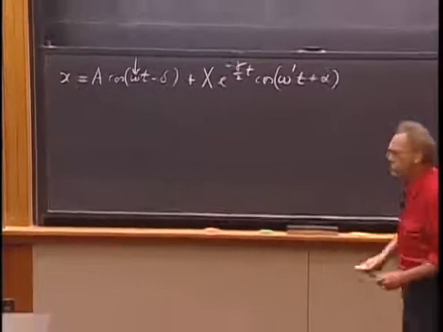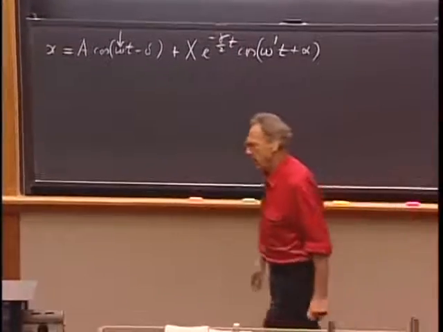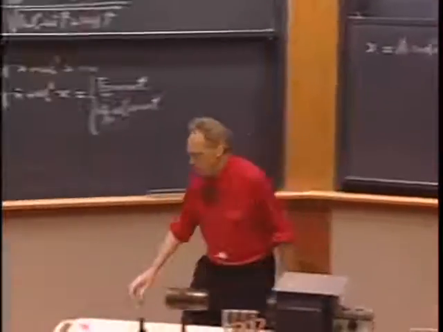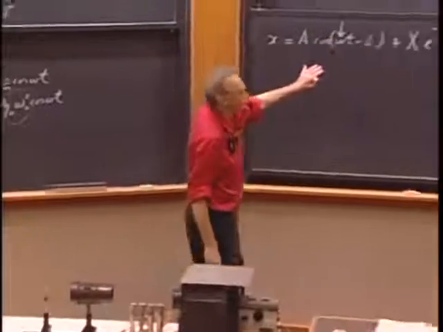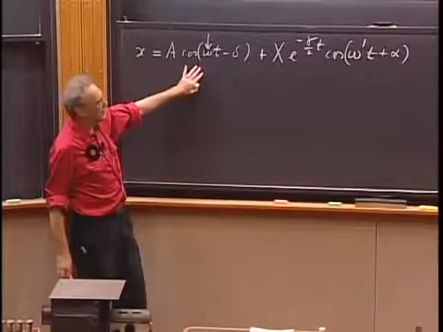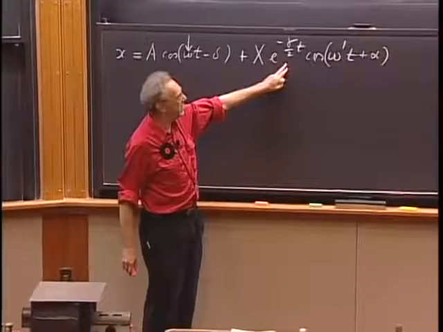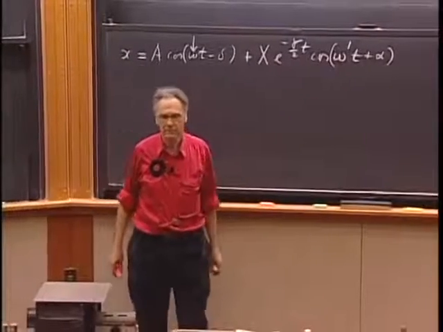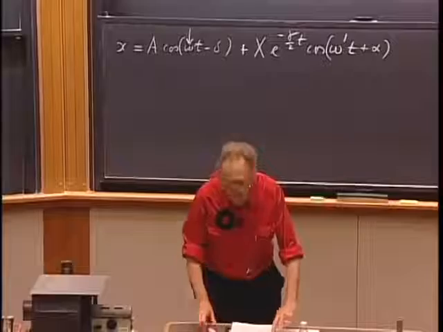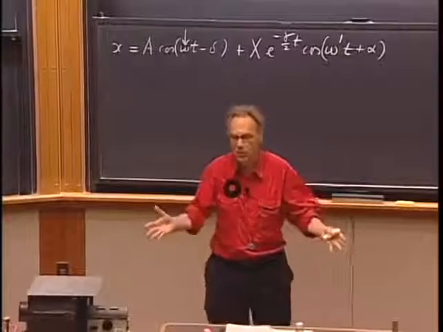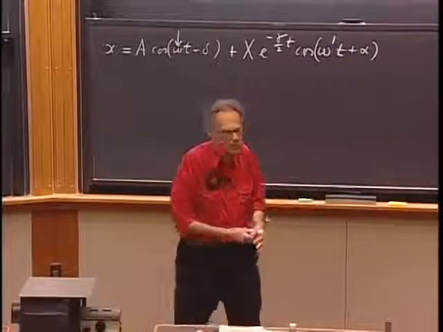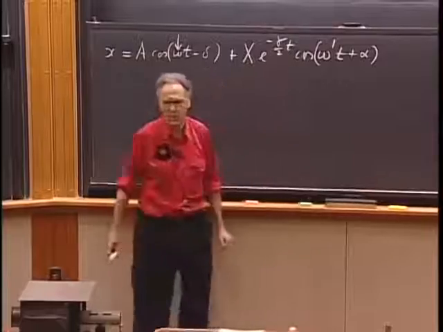And now you can see what happens. You see that this term will never die out. This will last forever and ever. But this one is going to die with a 1 over e decay time of 2 over gamma. And so if 2 over gamma happens to be 10 hours, then you have to wait 10 hours for this one to be down by a factor of e.